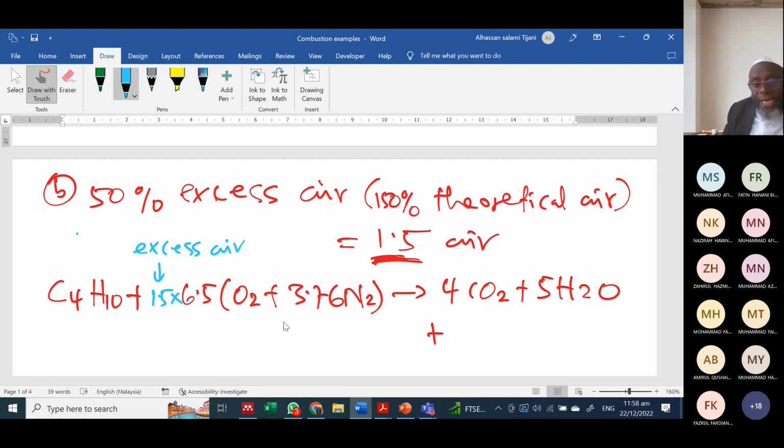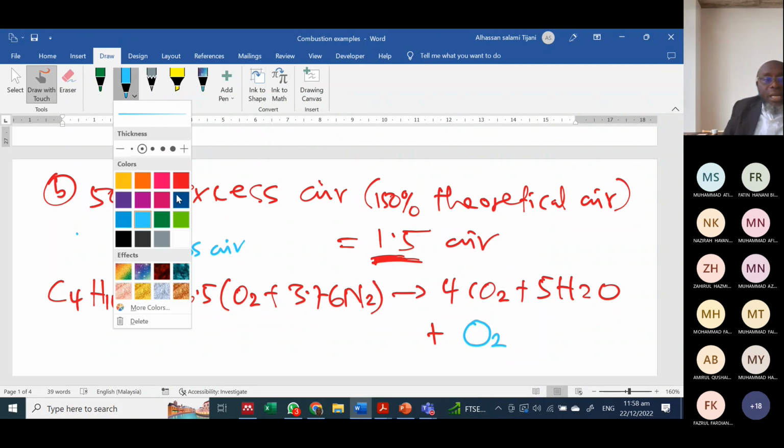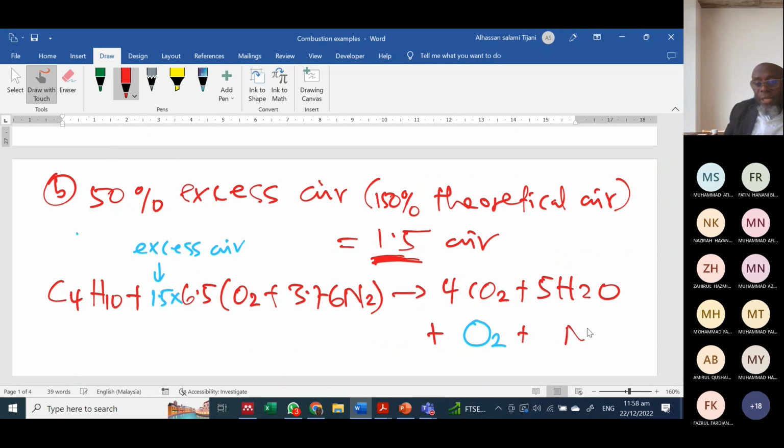Whenever you have excess air, it is going to represent itself in the form of oxygen as a product. So we have oxygen as a product, plus the final product, nitrogen over here.